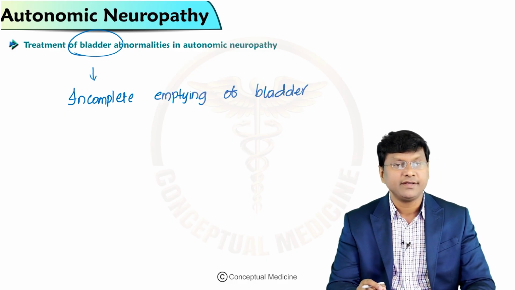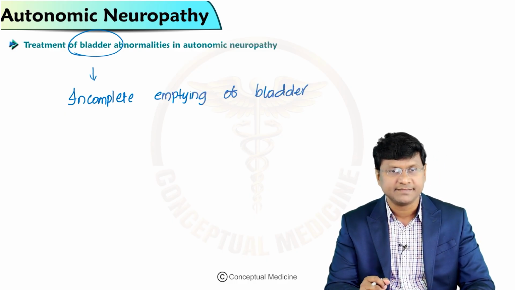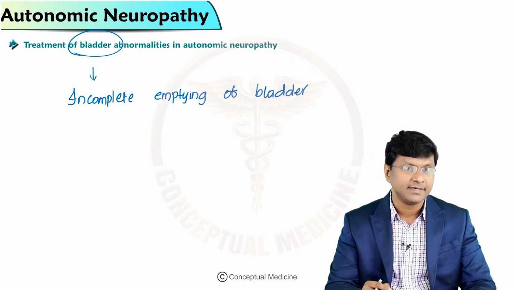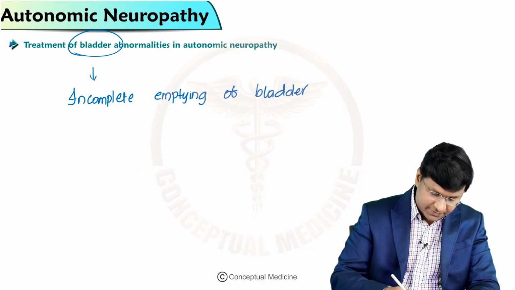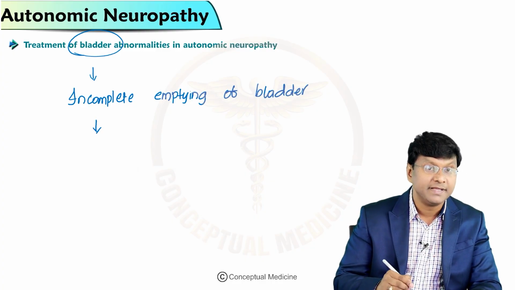This incomplete emptying of the bladder can occur sometimes. So how do you treat this incomplete emptying of the bladder? You need to improve the emptying. For that, you need to give bethanechol.